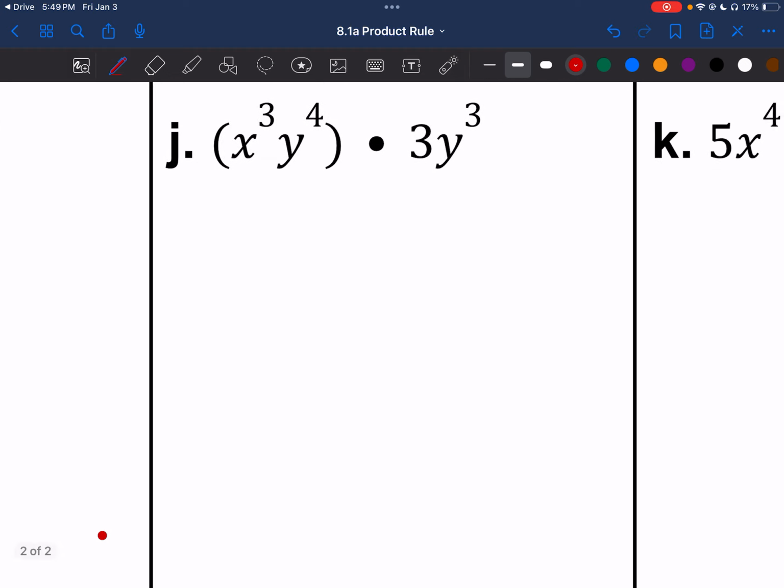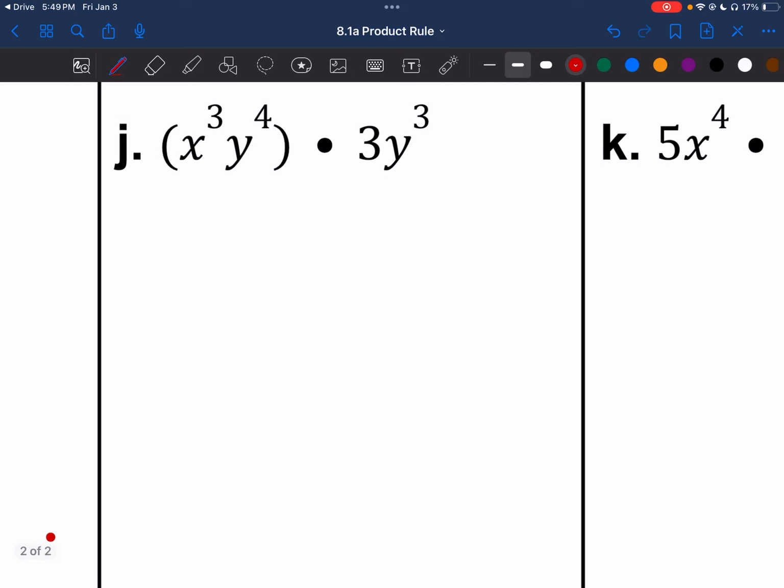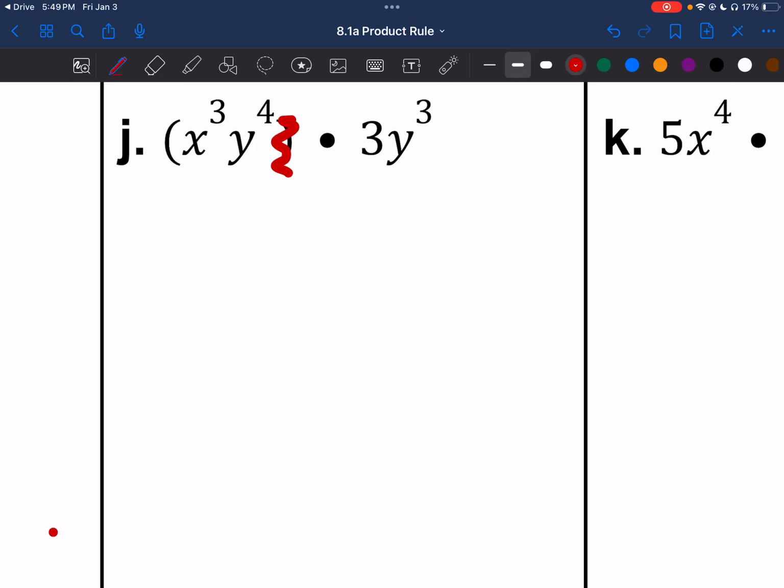All right. Letter I. Everything's being multiplied. There's nothing to be distributed from outside the multiplication, so we're going to just drop our parentheses here. And we are going to group everything together. Coefficients first, so the only coefficient we have is a 3. Then we've got an x to the third, y to the fourth, y to the third.